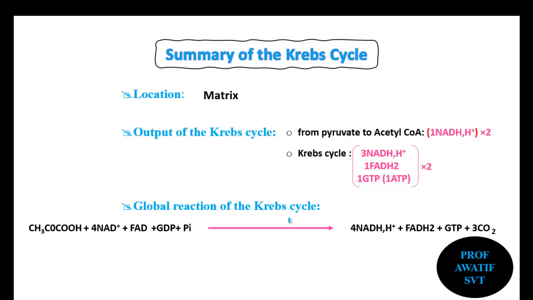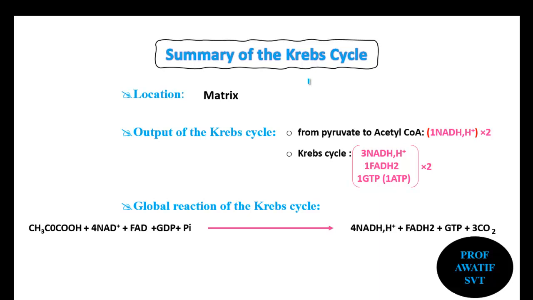So this global reaction over here is only for 1 pyruvic acid. So if you are asked to give the global reaction of the Krebs cycle for 1 glucose molecule, you should multiply by 2.